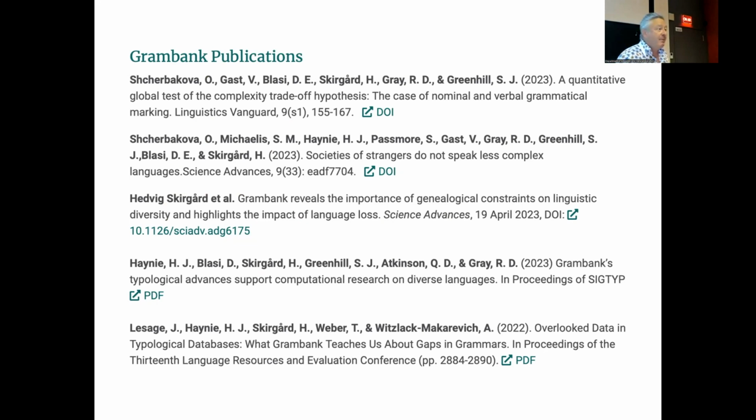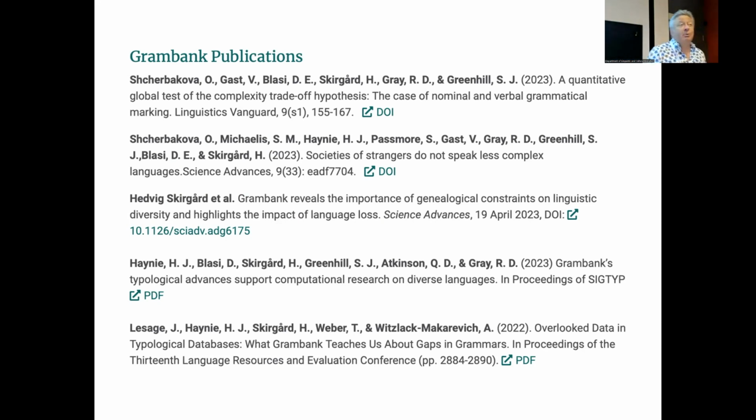There is a recent paper on grammatical complexity, testing the linguistic niche hypothesis, that was in Science Advances. And there are also 2 papers on the implications of Grambank for computational research on diverse languages and on overlooked data in typological databases. So that's what's output so far. And what I'm hoping in this meeting is that we're going to get an indication of all the wonderful ways that people might do interesting and creative things above and beyond this with the Grambank data.